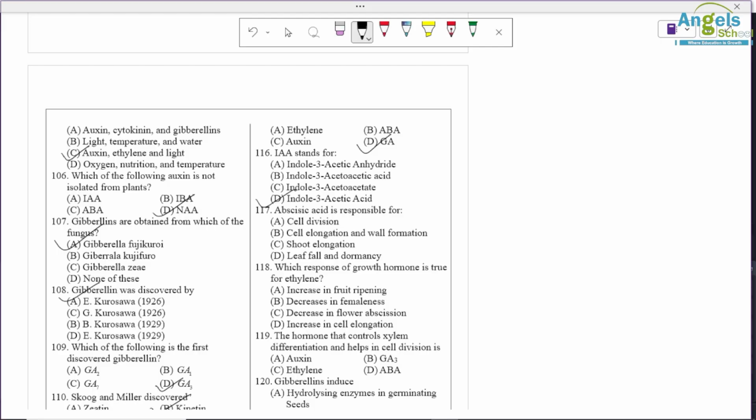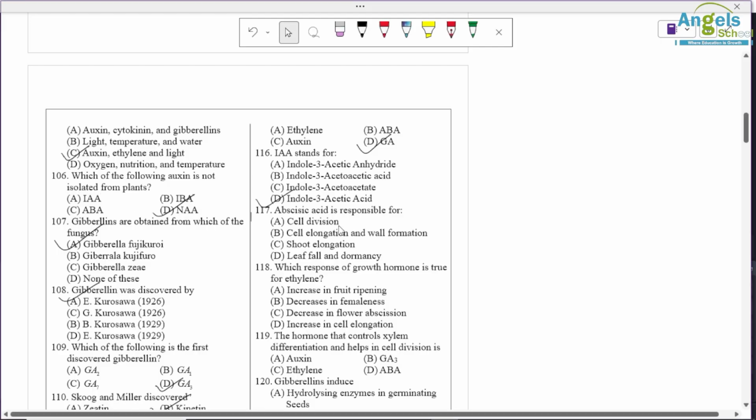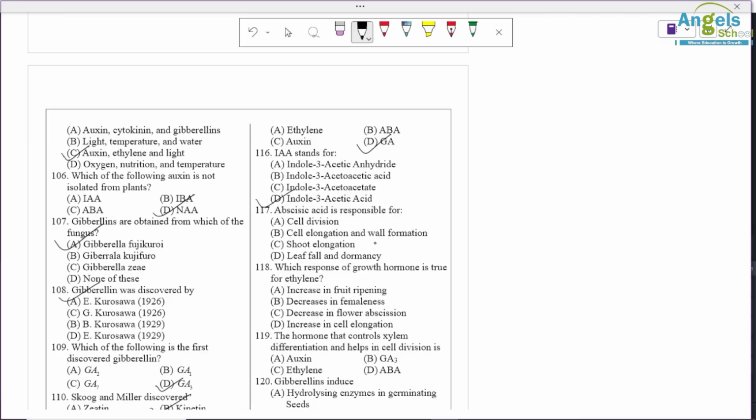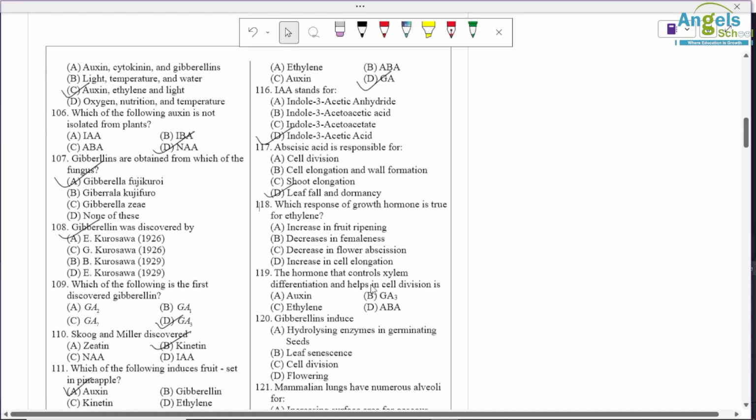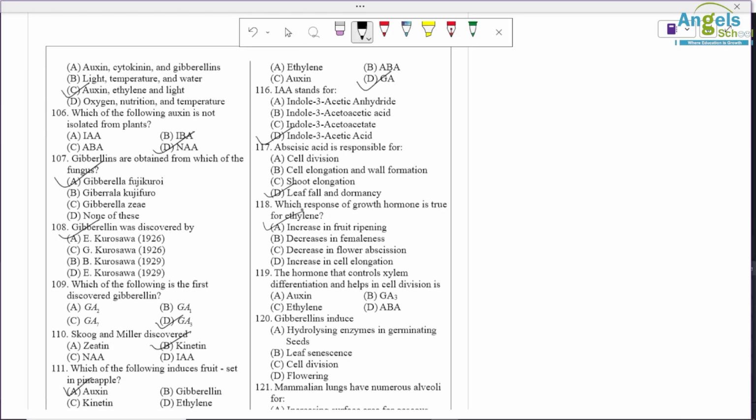Question number 117. Abscisic acid is responsible for. So it is responsible for leaf fall and dormancy. Question 117, D is the correct option. Which response of growth hormone is true for ethylene? So increase in fruit ripening is the correct option.